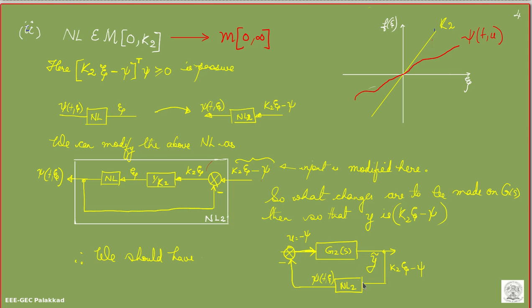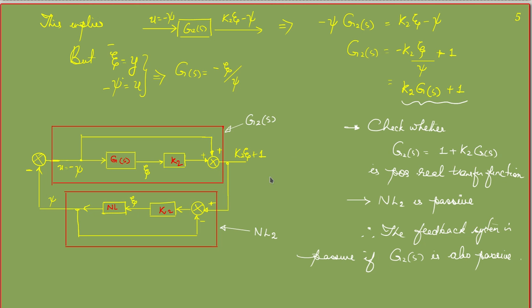Okay, so I have k2 xi minus zeta here. So when I have k2 xi minus zeta here, this is minus psi, the output should be k2 zeta minus psi. So I should have a new G2. In order to have a new G2, what should I have? We just multiply it.